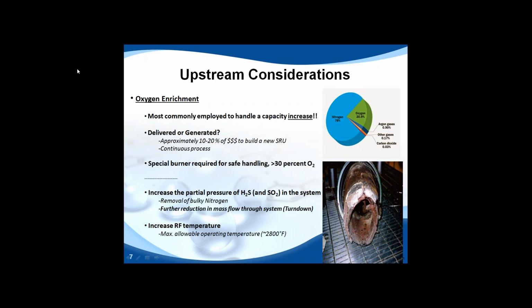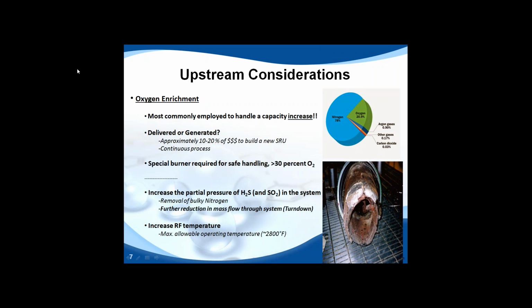In general, the max allowable operating temperature in our RF is about 2800°F. But the important thing with oxygen enrichment is that, yes, it will definitely work to increase our RF temperature. And we're going to come to the picture again, but on one of my very first slides, there is a plot of temperature across the different units in the SRU as a function of conversion.